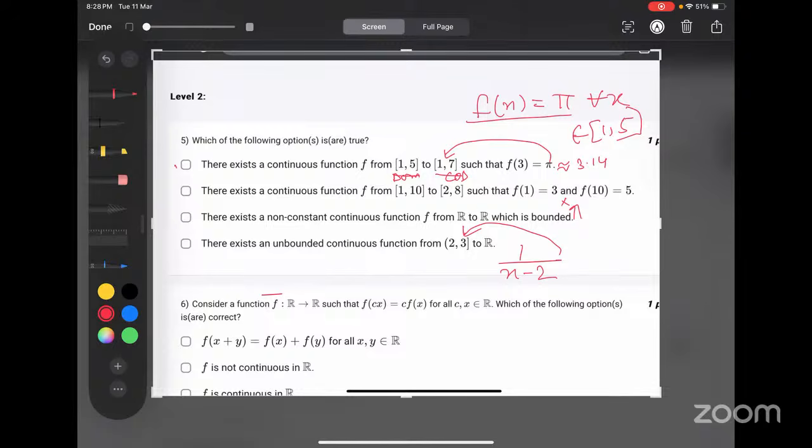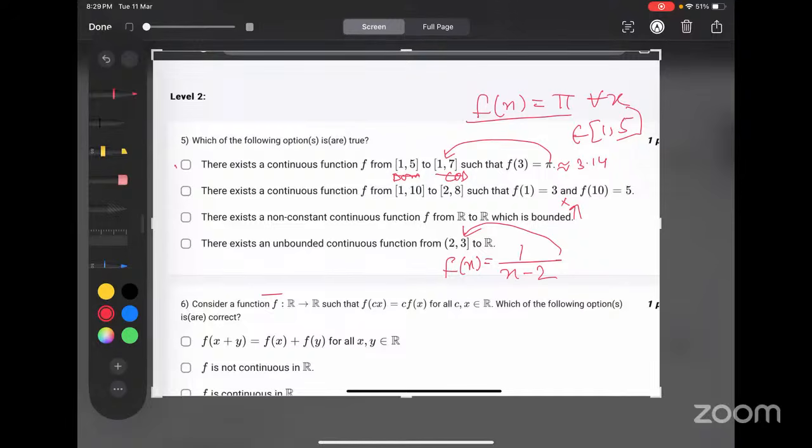Any doubt? No, I didn't get you, ma'am. How can 1 by x minus 2 be a continuous function in this domain and unbounded? 2 is not there, so the next point will be 3 because it's an open limit. We have all the points between 2 to 3, including 3.